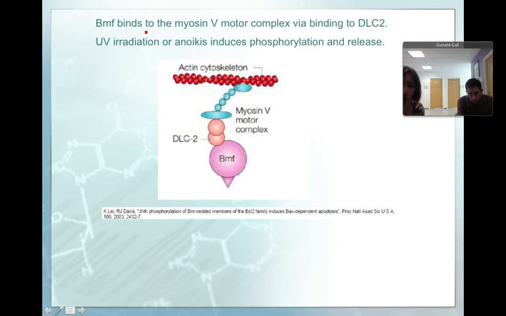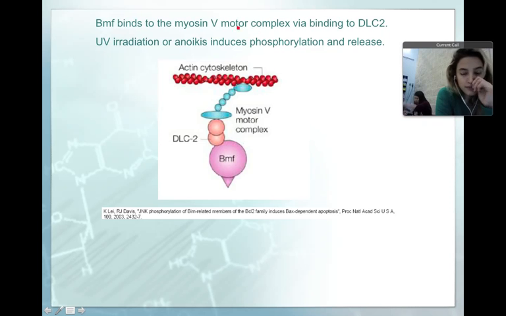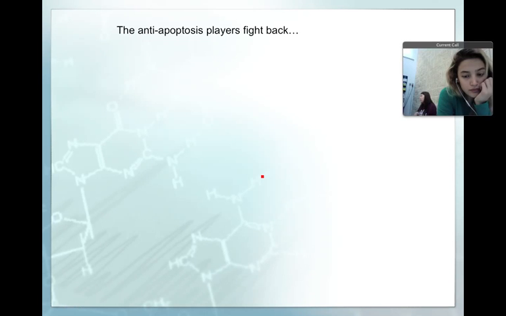Here's another one. This one binds to another motor complex. Again, UV irradiation or release from the substrate or the extracellular matrix. If the cell's floating, it causes it to get released. That's going to go over and interact with BCL2.